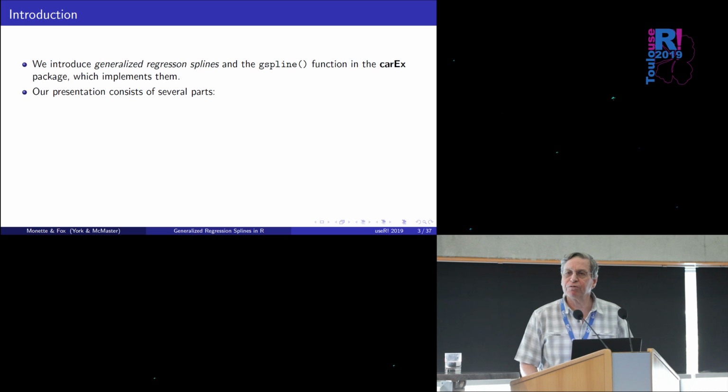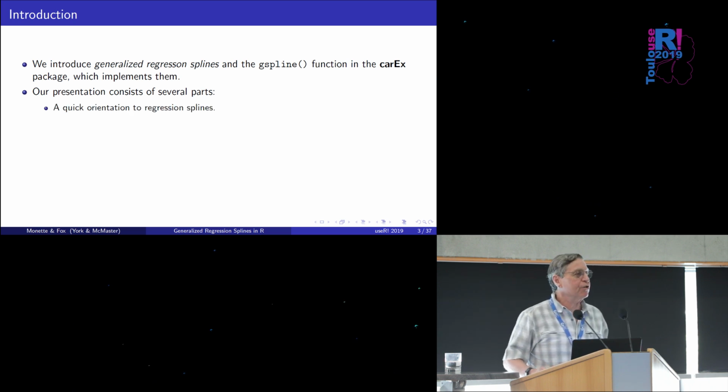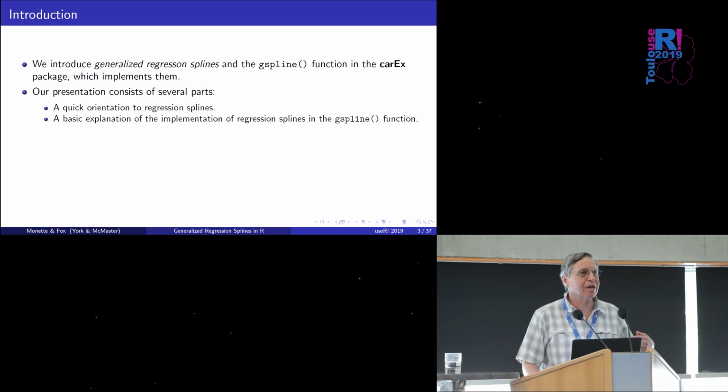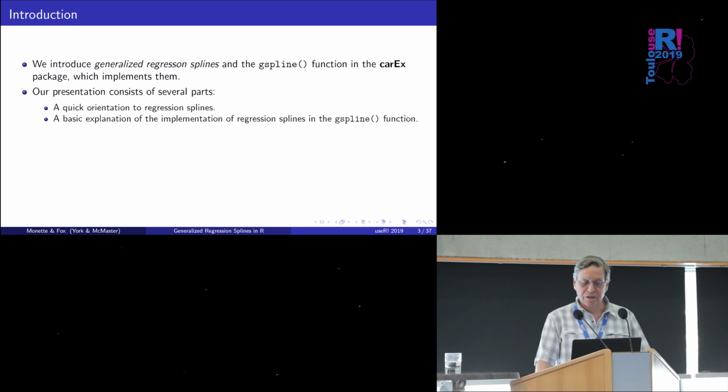Okay, I'm going to talk about several things. I'll try to explain what regression splines are about for people who haven't seen them before, but also as a way of explaining how George and I have extended regression splines to produce generalized regression splines. I'll explain how these are implemented, at least at a basic level, not all the features, in the GS spline function.